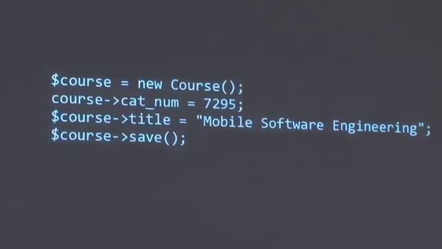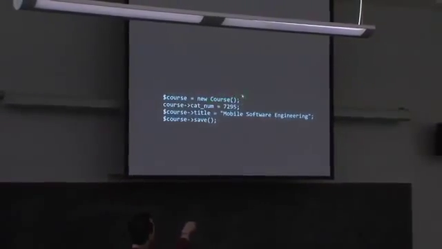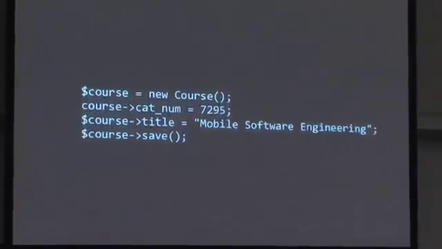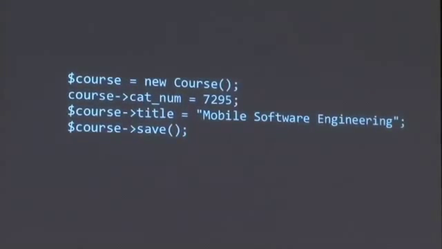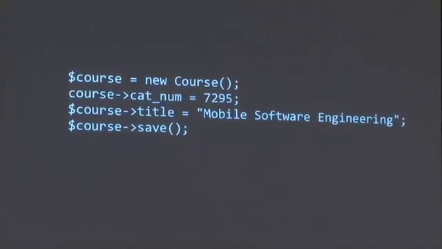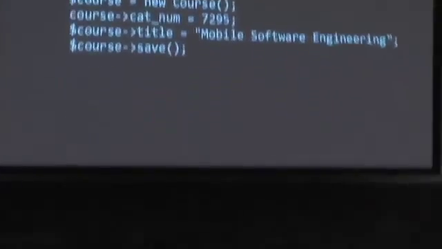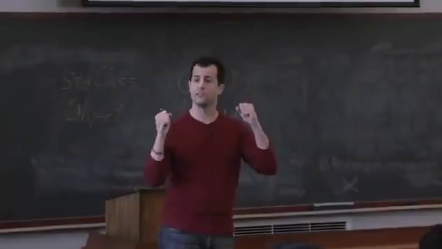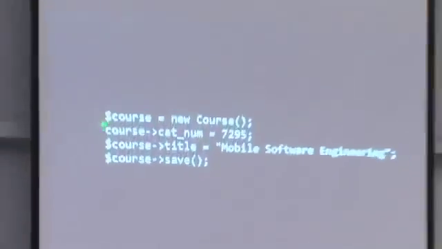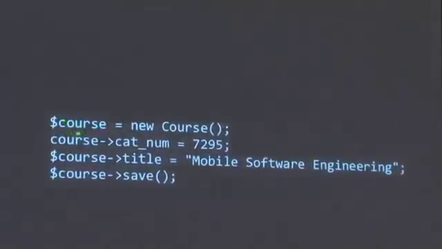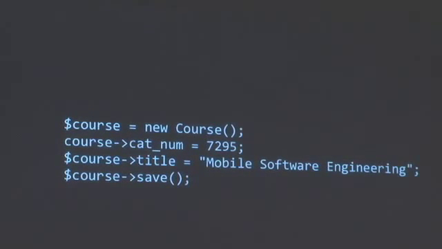This, again, for those unfamiliar, when defining classes, and CodeIgniter messes this up a little bit, sometimes the class name should be capital C. This is the invocation of what's called the constructor, which is a method that is automatically invoked whenever you instantiate an object, create an object for the first time, that can, if you want, take arguments. But I've just chosen not to give it any arguments here. And the new keyword means actually allocate memory on the heap for this new object. All right, so this gives me essentially the empty container that is a course, but there's nothing inside of it.